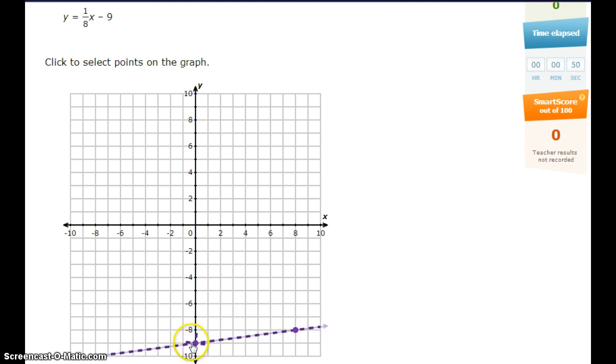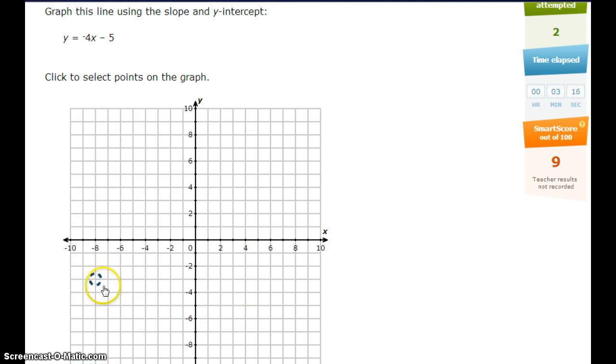So I'm going to check it. My y-intercept is at negative 9. I have a rise of 1 and a run of 8.